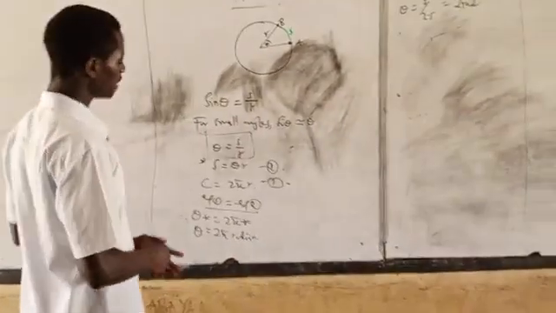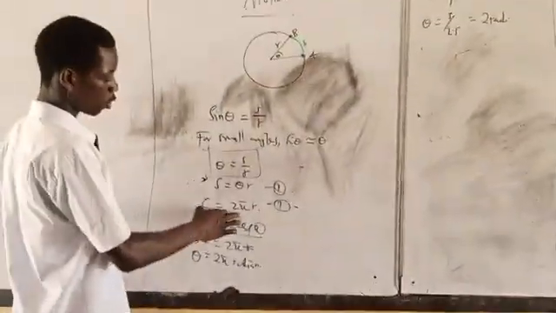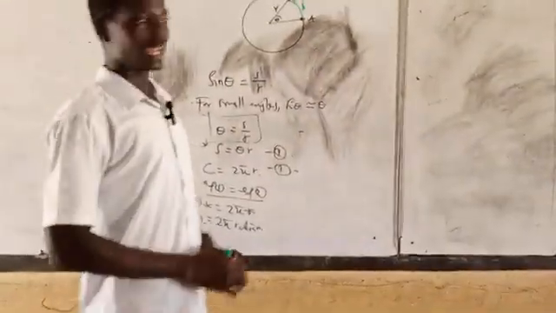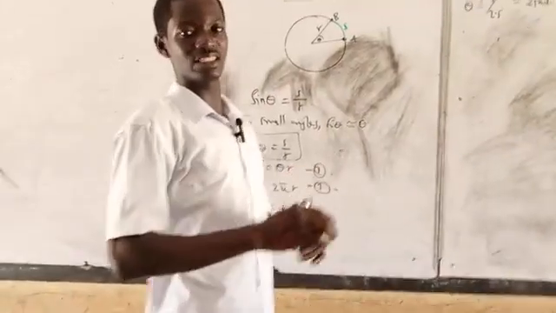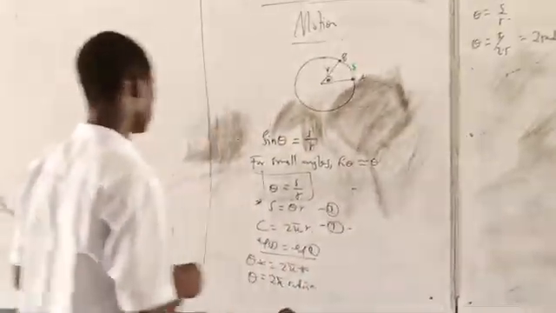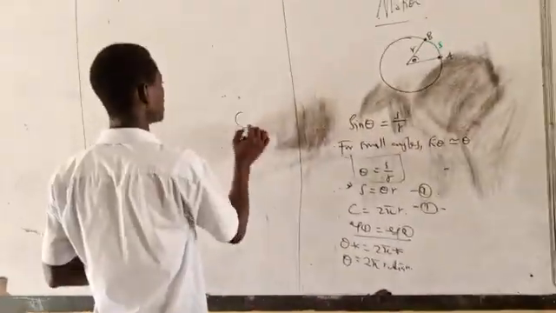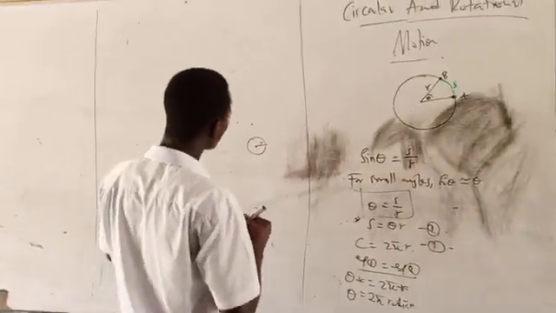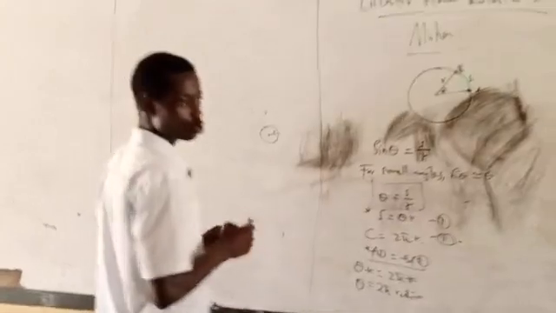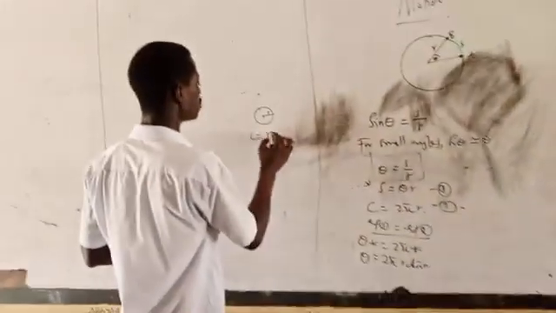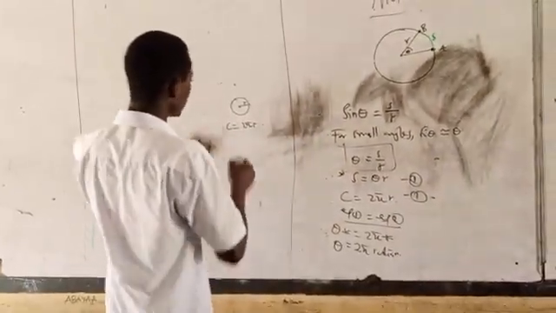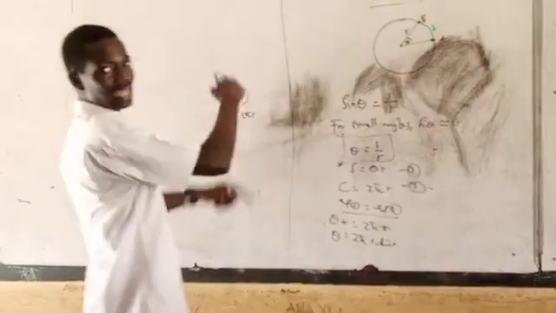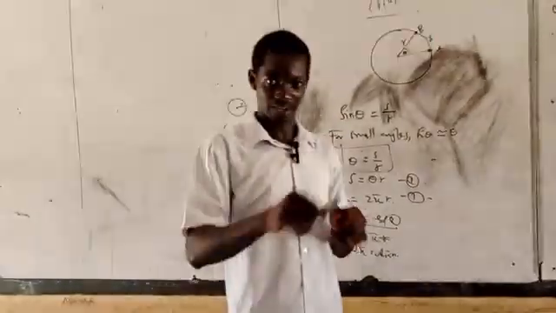This is because circumference equals 2 pi r, which is for the whole 360 degrees. Consider a circle of a particular radius R, which is constant throughout. If you find the circumference using 2 pi r, you are finding the circumference of the entire circle, which is equal to 360 degrees.